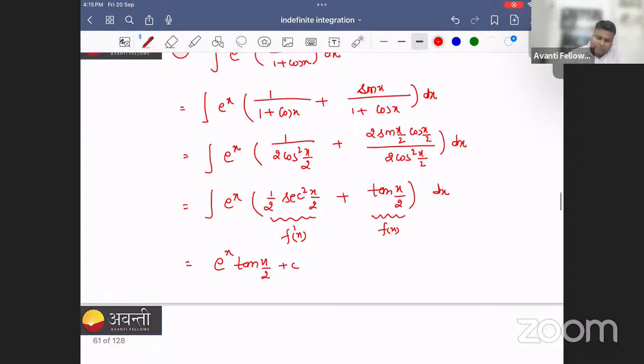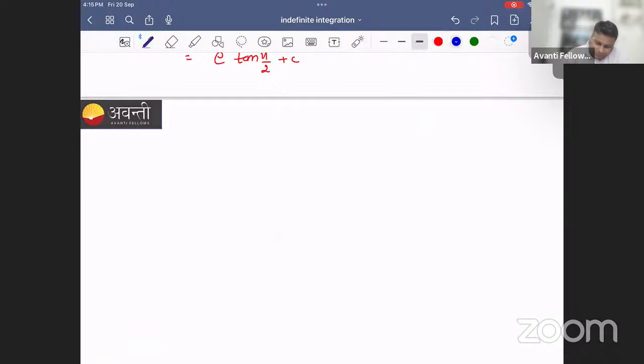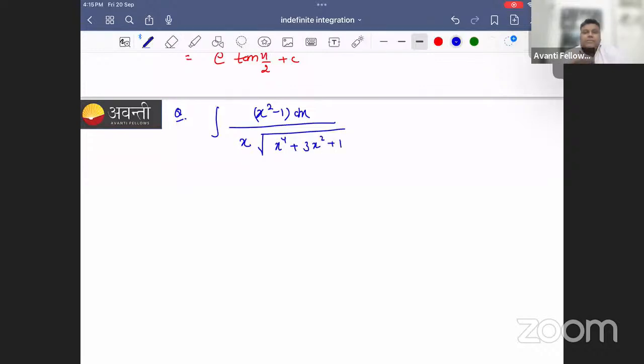Now, next question. This is such an important and good question it is. It is integration of (x square minus 1) dx upon x under root of (x to the power 4 plus 3x square plus 1). Just give it a thought.